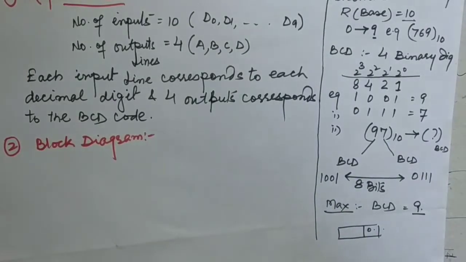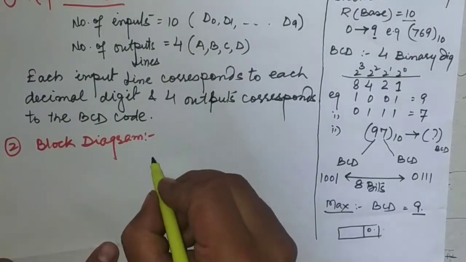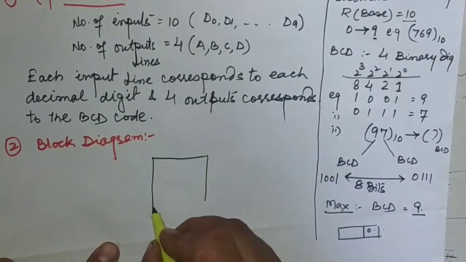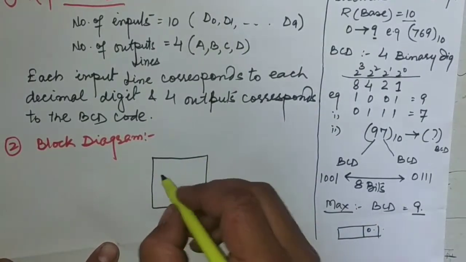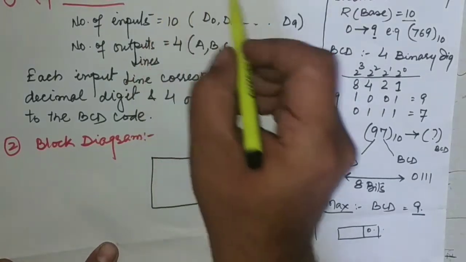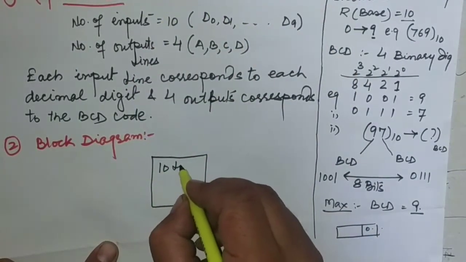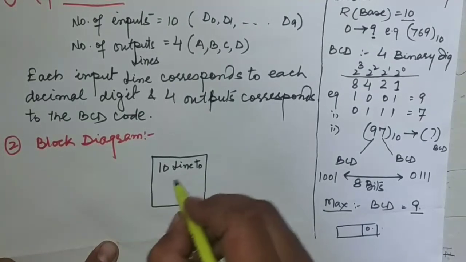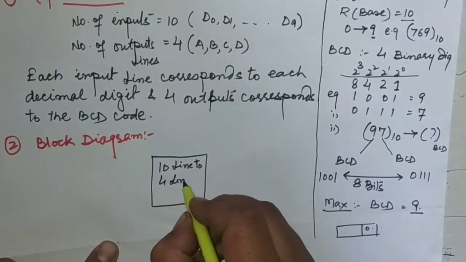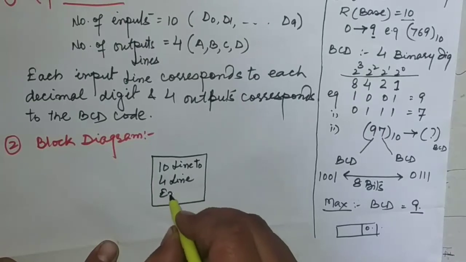So in the block diagram, we have this block. Internally we are not showing anything. So this is a decimal to BCD, so we can say it is a 10 line to 4 line encoder.